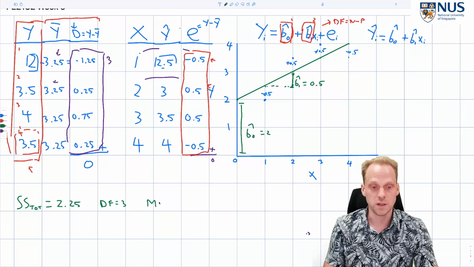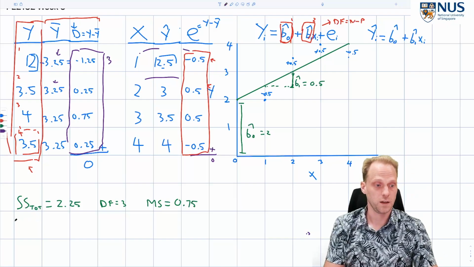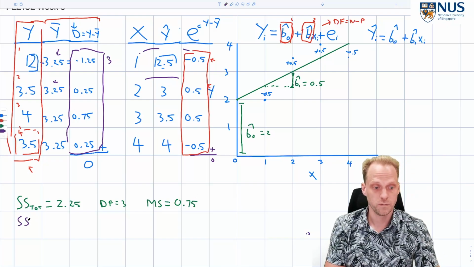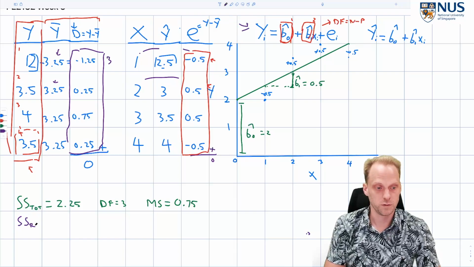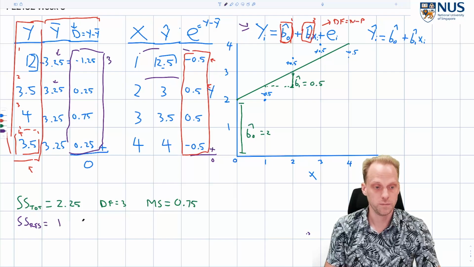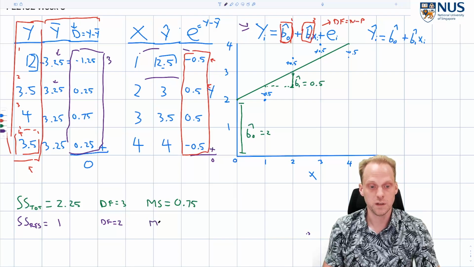That means that the mean square equaled 0.75. Then we had for our regression model, so this one here, the residual sums of squares equals 1. The degrees of freedom equals 2. Leading to a mean sums of square of 0.5.